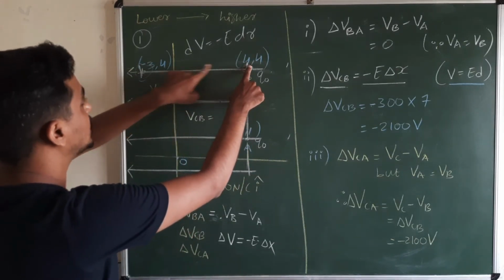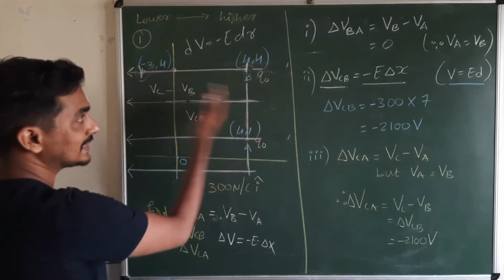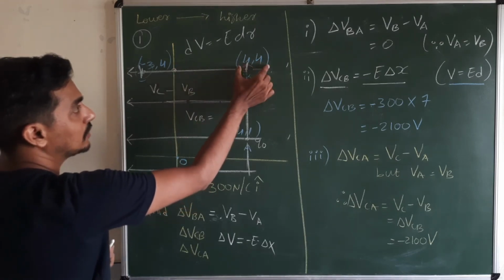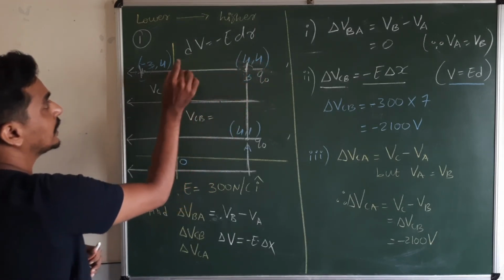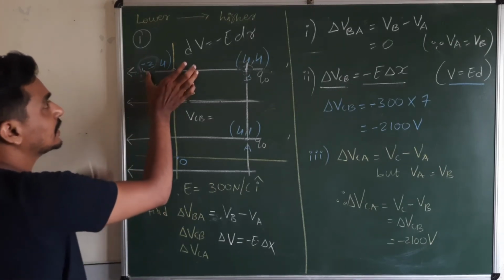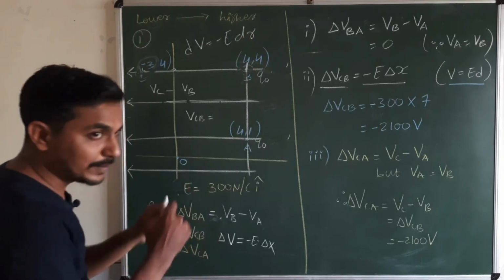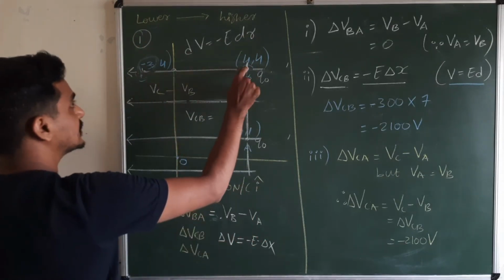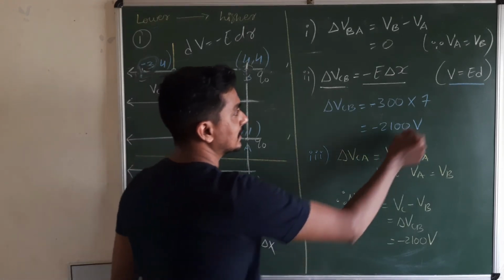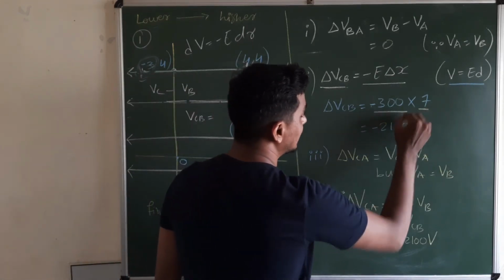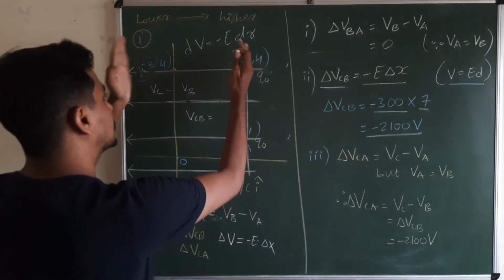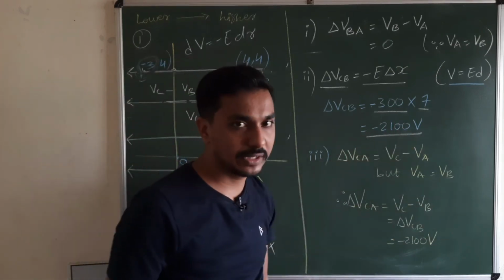This distance up to this point is 4 on the x-axis, and on the other side the x-coordinate is minus 3, that is 3. So the displacement, the straight line distance between these 2 points is 4 plus 3, 7. So delta X is 7. So minus 300 into 7 is minus 2100 volt. That is, the potential difference between these 2 points is minus 2100 volt.